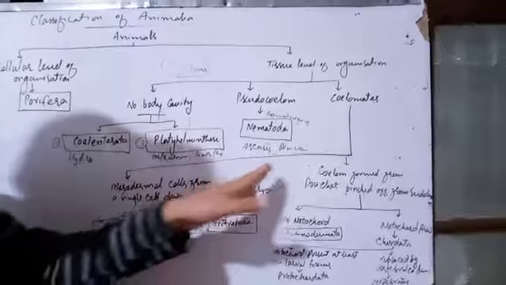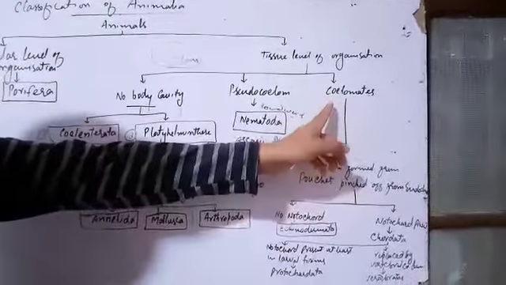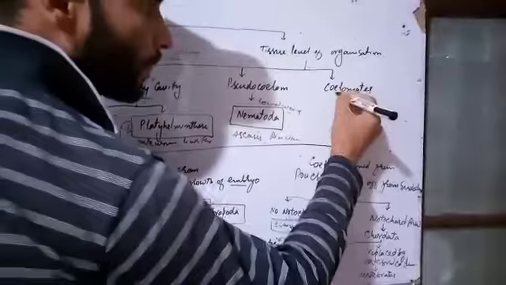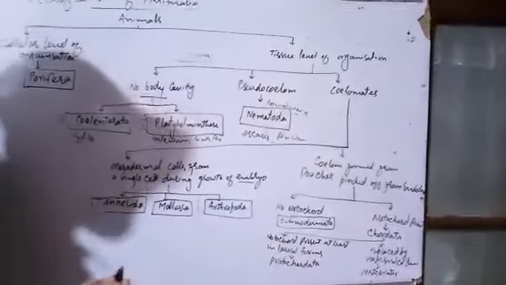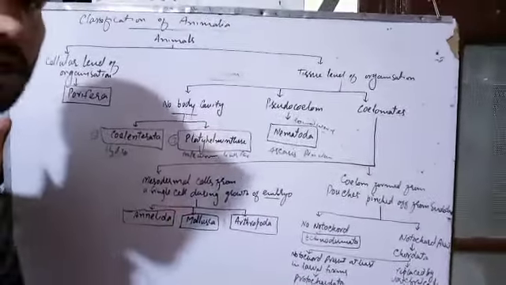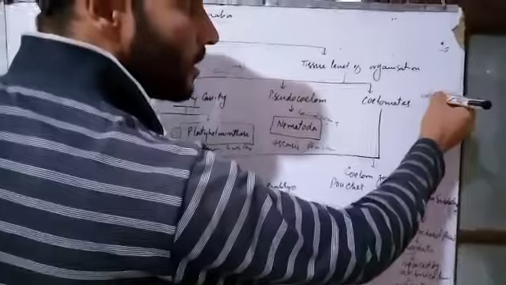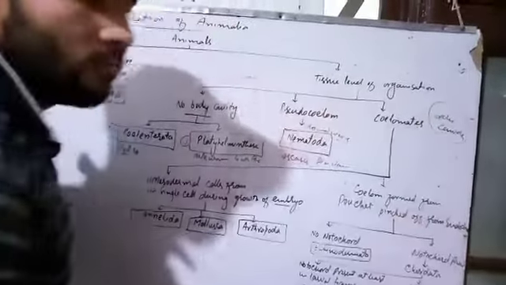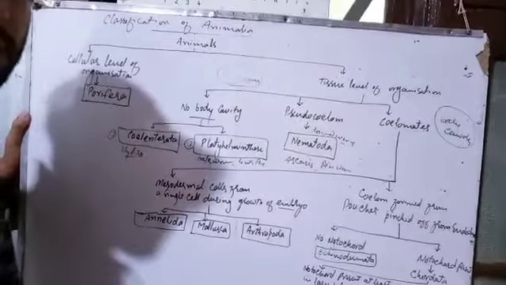Now, in today's lesson, we have to take the coelomates, those organisms which have a coelom, a body cavity, in which different body organs are present.